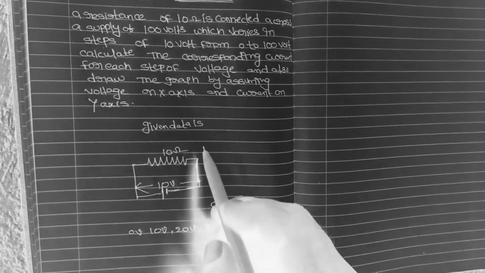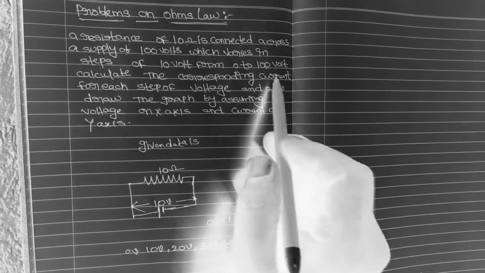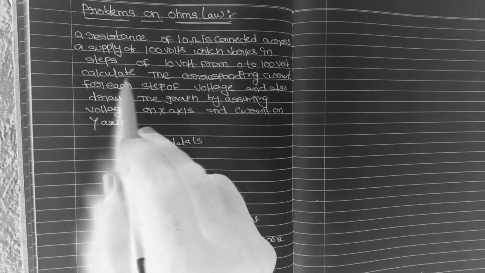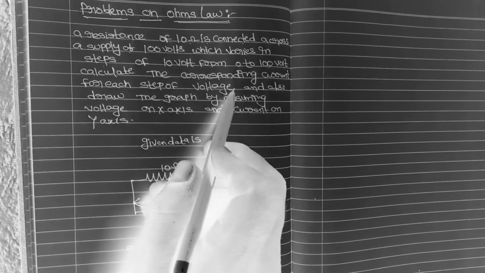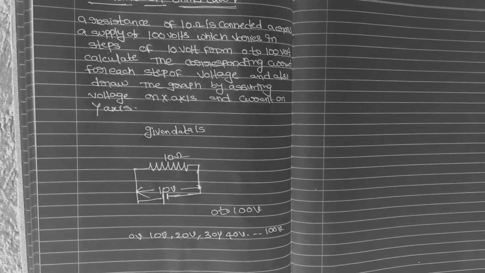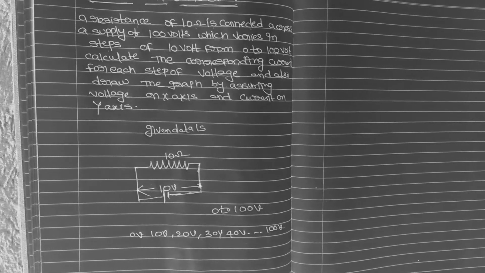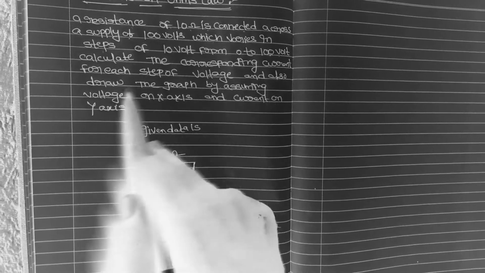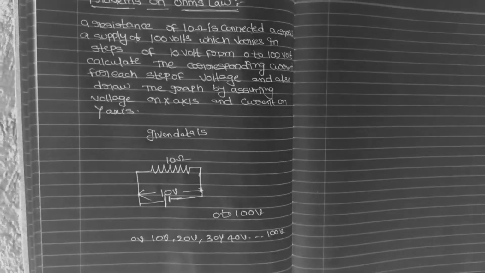We also have to calculate the corresponding current for each step of voltage. So at each voltage we have to calculate the corresponding current. That is the given problem according to the data.